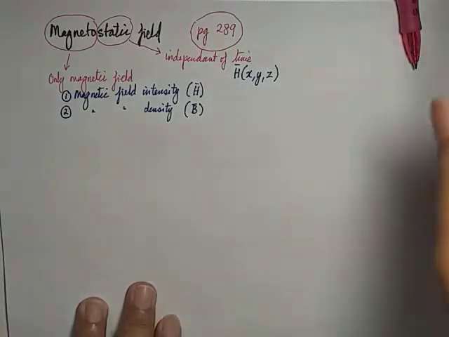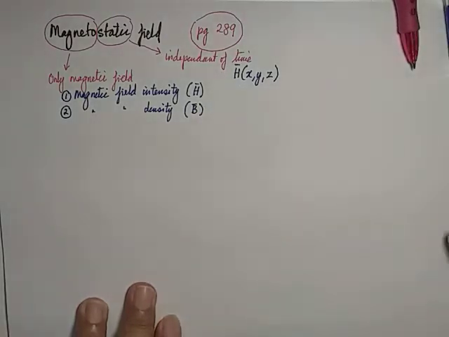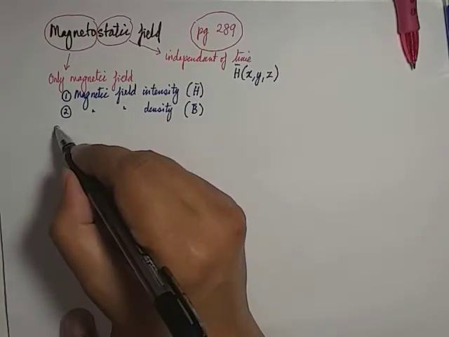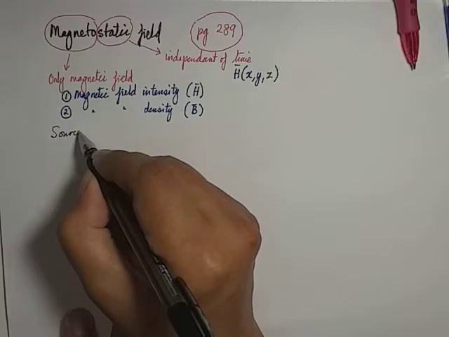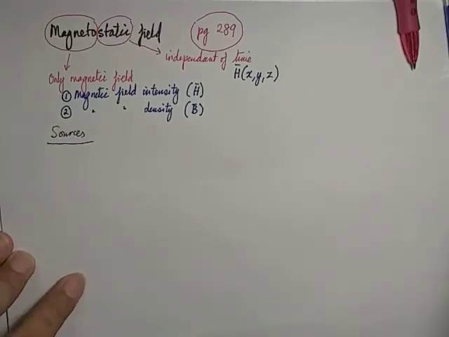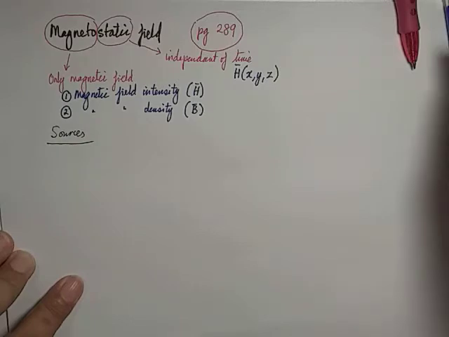Okay, so now let's go to the source. How do we actually generate this field? For electrostatic, we defined the source as stationary charge.